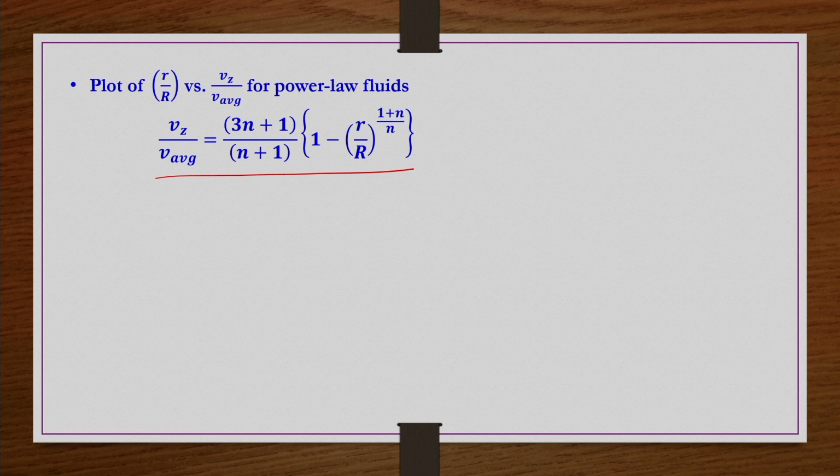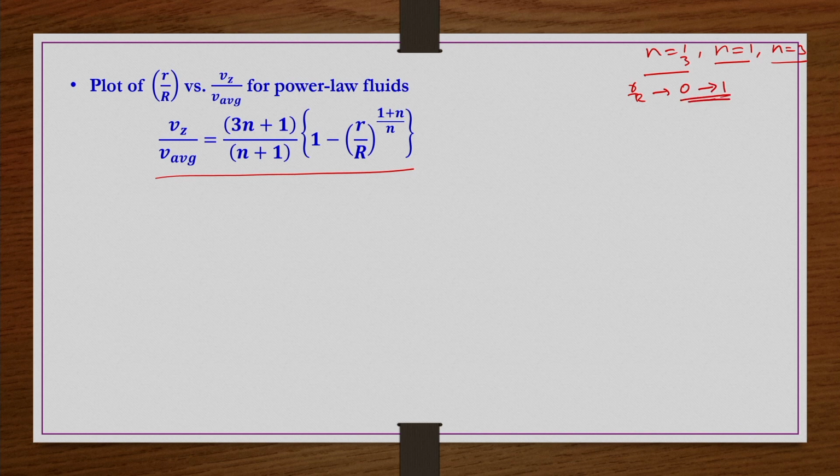Now you take different values of n: n equal to 1, n equal to 3, then n equal to 1 by 3 also. This is shear thinning, this is Newtonian, this is shear thickening, and then you take different r by R values between 0 to 1.